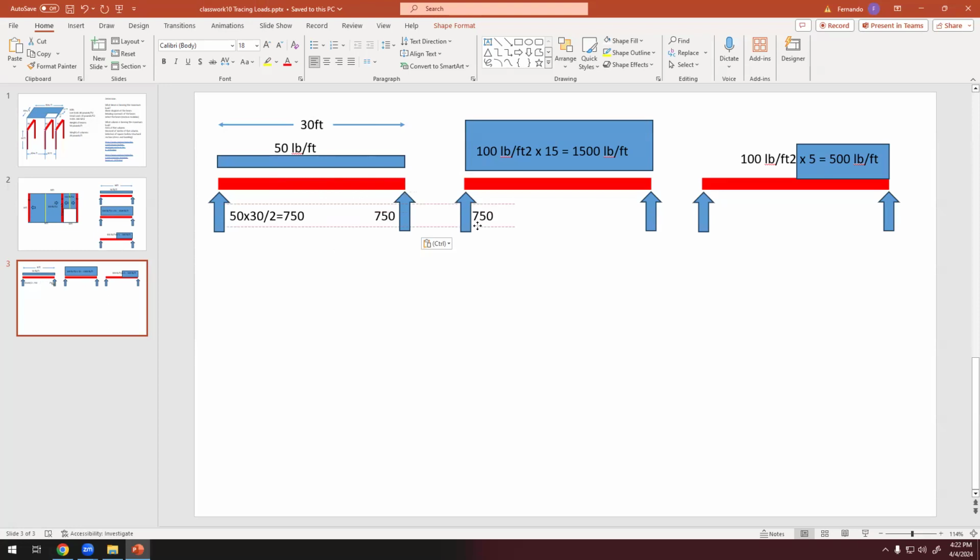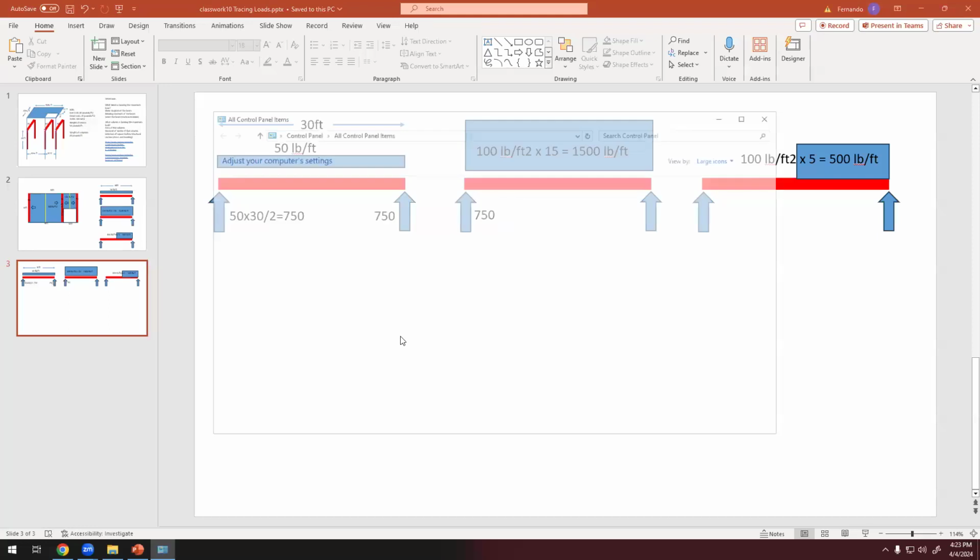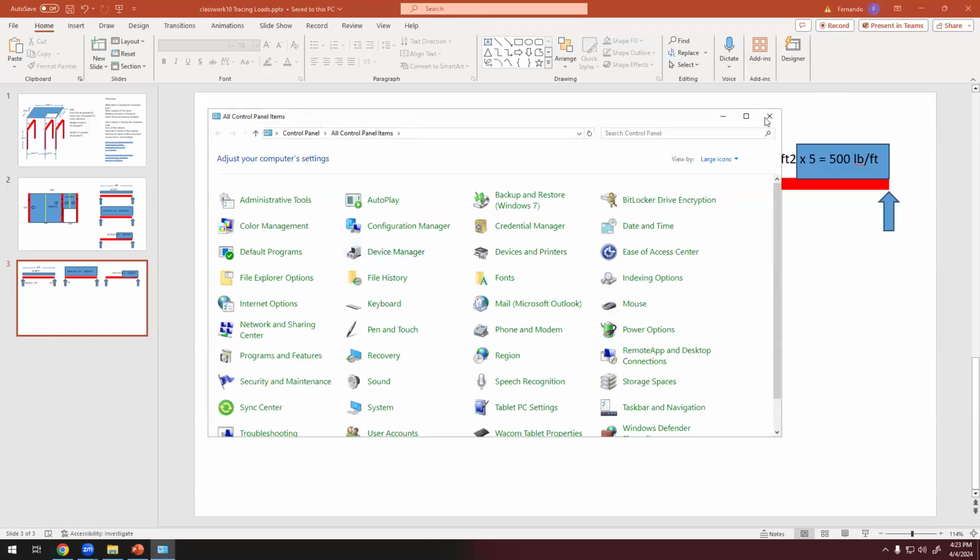Okay, what about this one? $1,500 times 30 divided by 2.